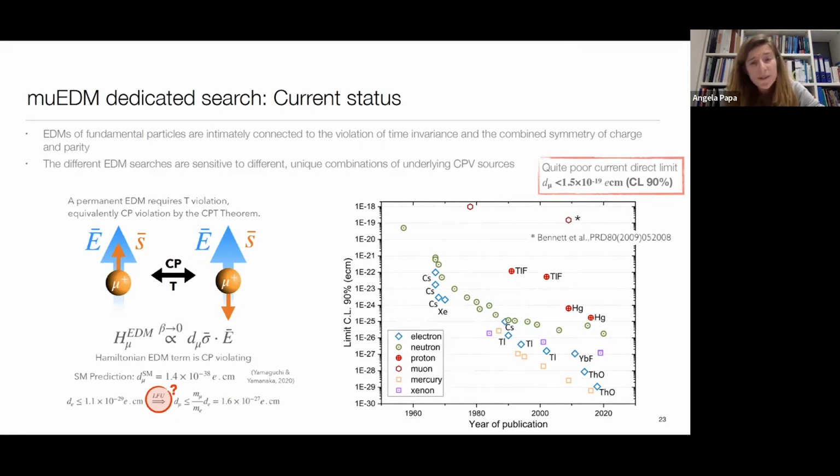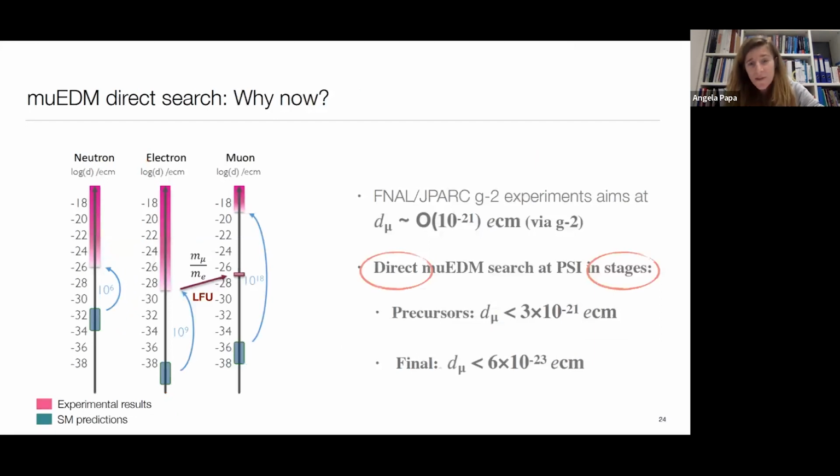And we thought that it was time to think about an experimental effort that could be competitive with other efforts, like for example the g-2 experiment at FNAL and J-PARC, that are aiming at obtaining this kind of sensitivity for the electric dipole moment of the muon.